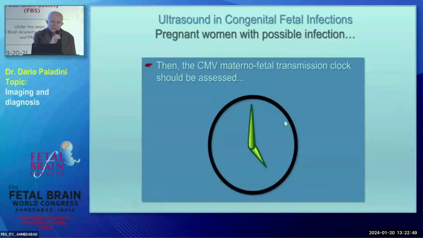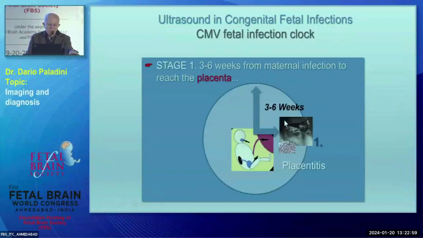Now, when you scan and schedule the examination or the serology for that baby, you should consider the clock of the CMV infection. The CMV infection needs 3 to 6 weeks to reach the placenta from the mother and cross the placental barrier and give a placentitis, so a thickening of the placenta.